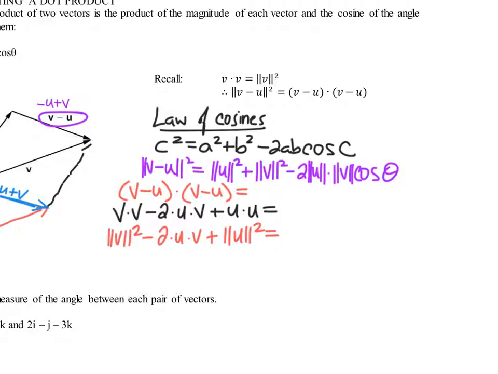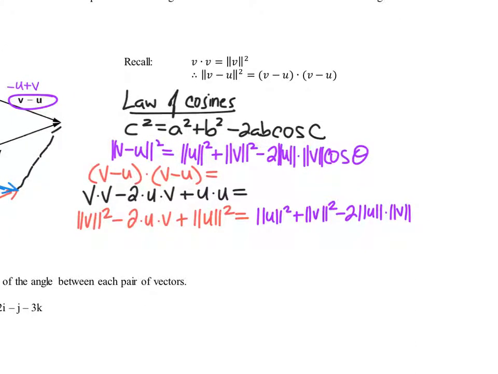The right-hand side we could bring back into play, and then beautiful magic will happen. We have a common magnitude of v squared and a common magnitude of u squared.